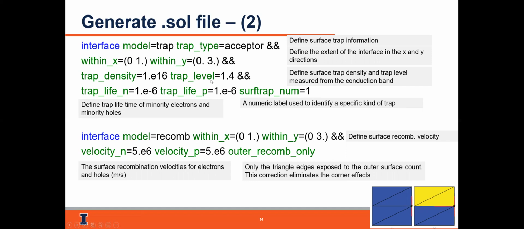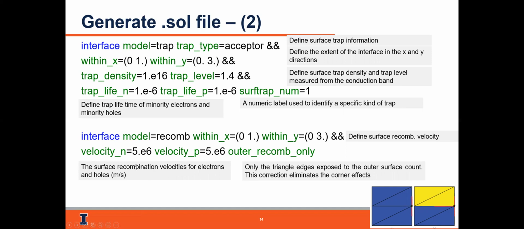And once we define the surface trap information, then we need to define surface trap recombination velocity. Here we specify the same region to enable surface recombination. And we first provide the surface recombination velocity for electrons and also for holes.